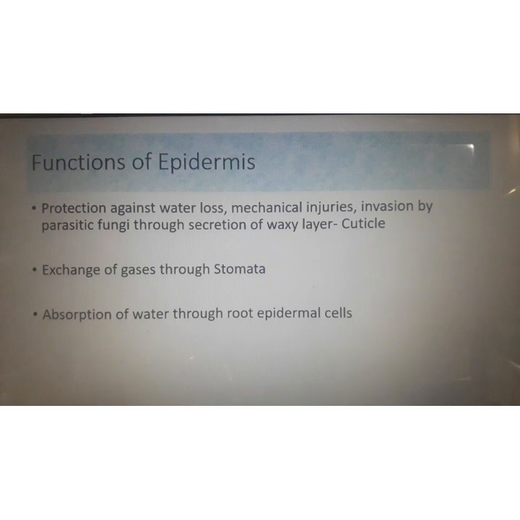In addition to exchange of gases, transpiration also takes place through stomata. The function of epidermal cells of the root is water absorption, as they bear long hair-like structures, also called root hairs, that greatly increase the total absorptive surface area.